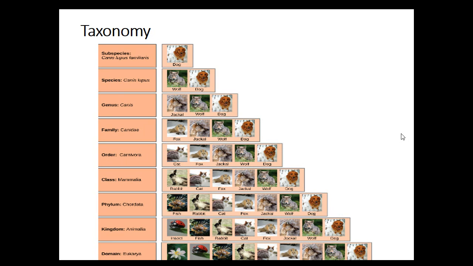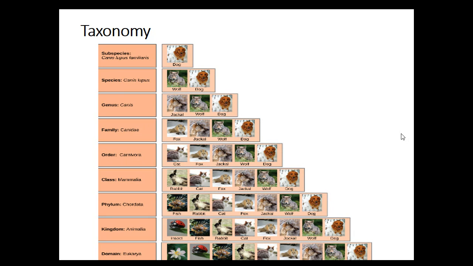This is the vertebrate animals. So it includes everything with a backbone: fishes, mammals. These are all mammals. And it also includes birds and amphibians, but it does not include insects. Insects don't have a backbone.